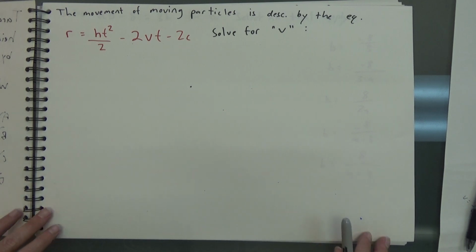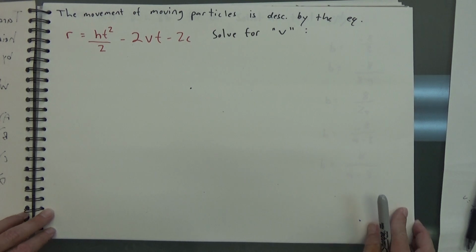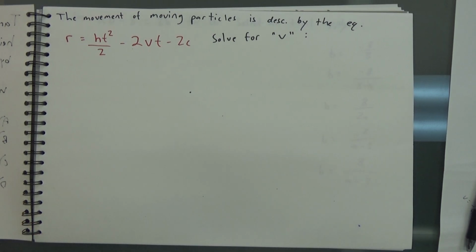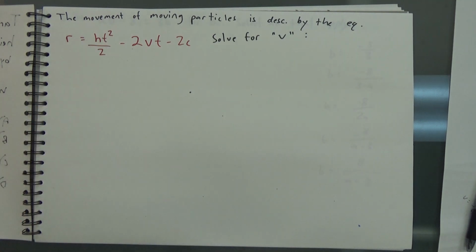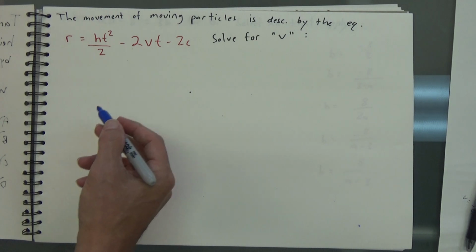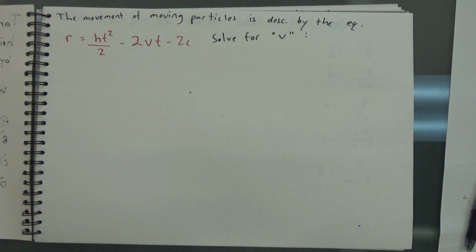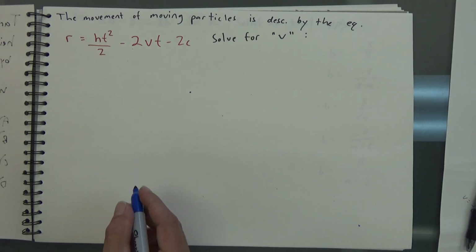Well, if it just wants me to solve for the variable, I don't need to know what this represents. I don't need to know that this is some kind of moving particle. We're not going to get a numerical answer for this. If it says solve for v, it's going to be in terms of the other letters, so the other letters are still going to be in the equation.